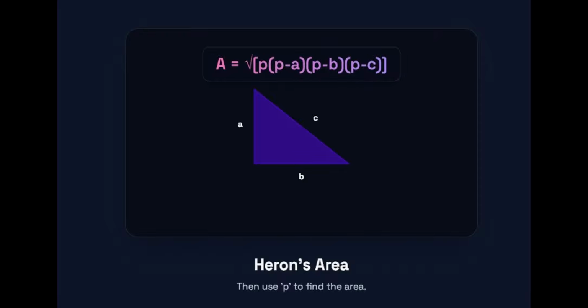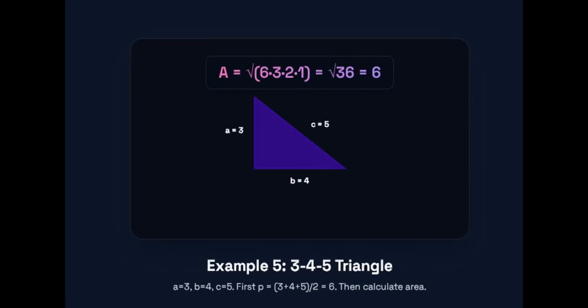Then you plug it all into this long but super useful formula. Let's try the classic 3, 4, 5 right triangle. Semi-perimeter is 6. Area is the square root of 36, which is just 6. Check it out! We got the exact same answer as the basic formula, 3 times 4 divided by 2.